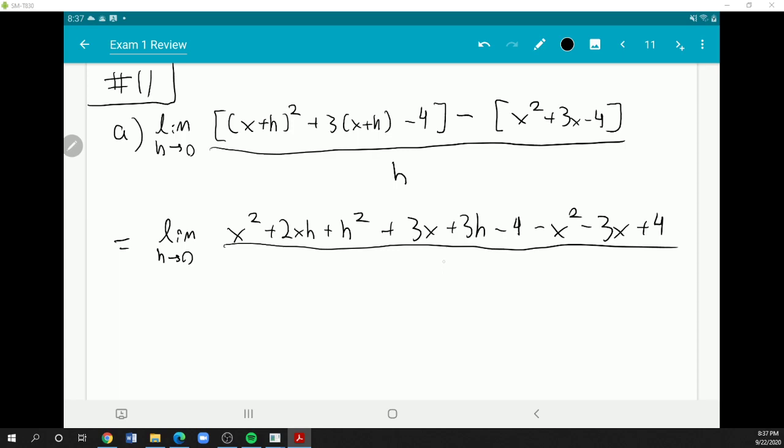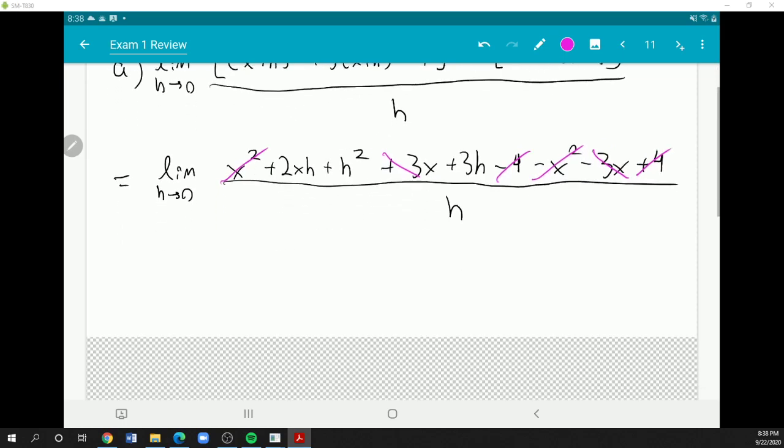And one really satisfying thing about these problems is that you get to cancel out a whole bunch of stuff. There's a minus x squared over there. There's a plus x squared. And if you did it right, you're only going to have stuff that has h on it.